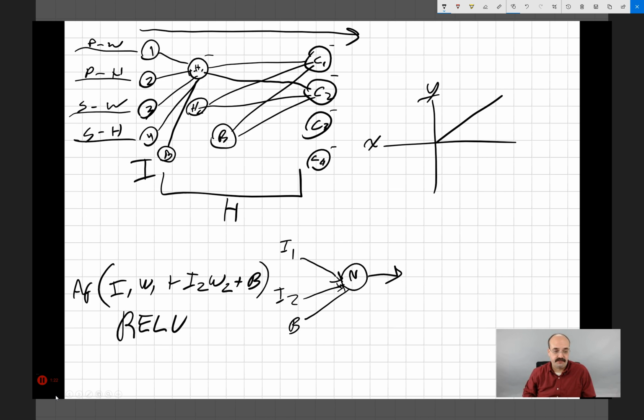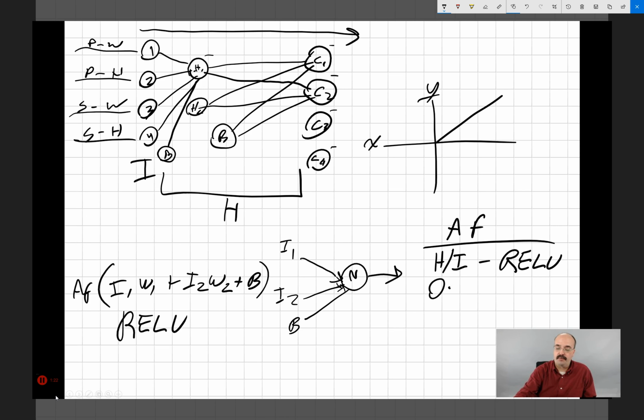Your activation functions will be rectified linear unit for hidden. So your activation functions, hidden will always be rectified linear unit, and input will be rectified linear unit. Output, it depends.